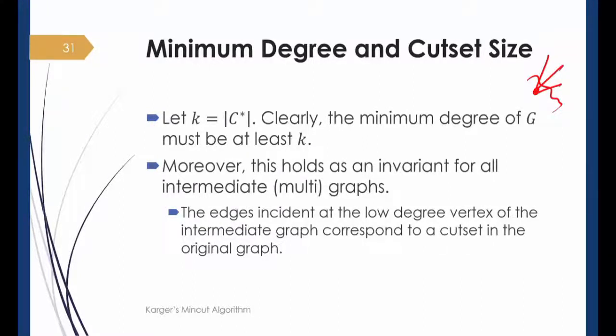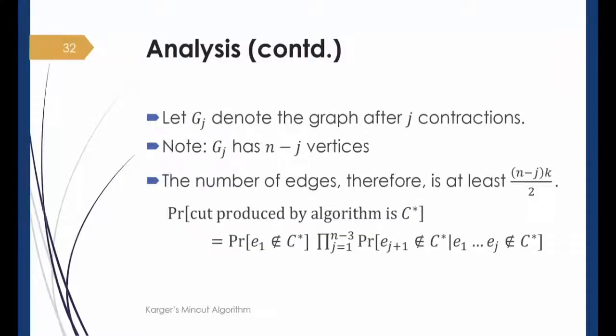Now let's introduce one more notation. Let G sub j denote the graph after j contractions, and you notice that Gj has n minus j vertices.